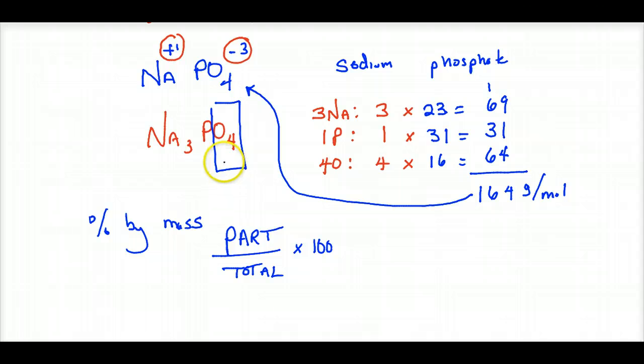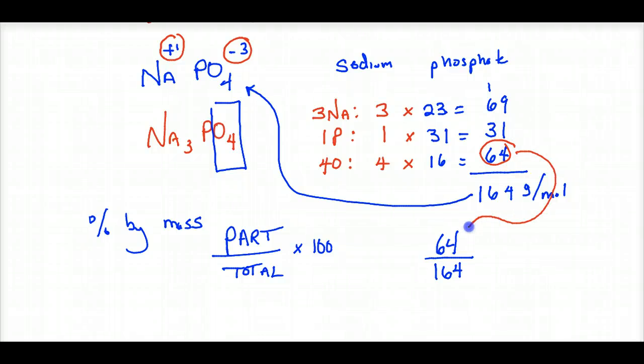Okay, so what I'll do, if I was starting from scratch, I would actually come up with the formula mass, 164, on the bottom. And the part that I was asking for in this question was oxygen, so that becomes 64. I found the mass of the part that I was asking for, and I times it by 100.